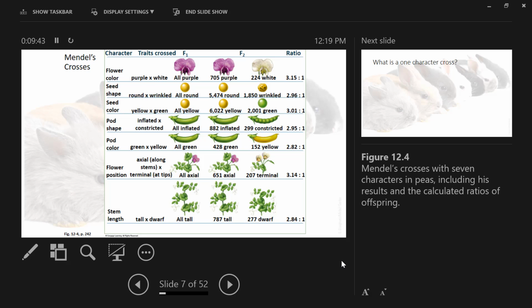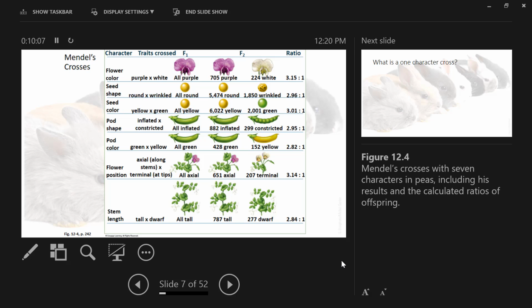So in a one character cross, you always cross homozygous individuals. You cross a homozygous dominant with a homozygous recessive. In this case, we did 2 characters, but in this one, we're doing a 1-character cross. So your F1 are all going to be heterozygous, having 1 dominant, 1 recessive.